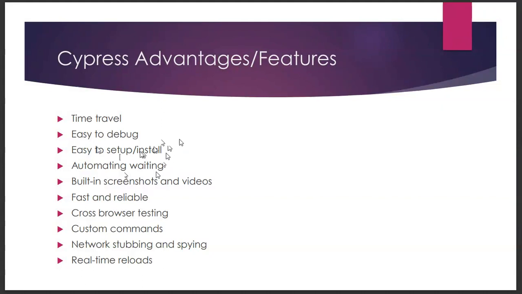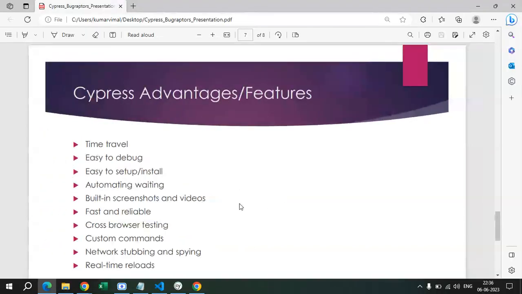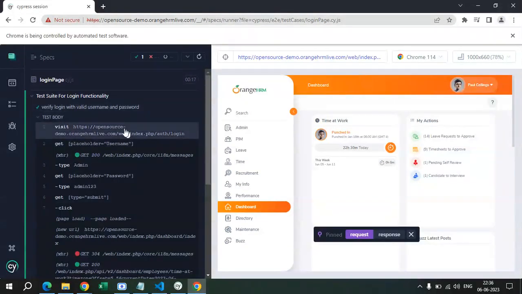Now the next point is automatic waiting. Cypress automatically waits for the element to become visible and interactable before performing actions on them. So it means that when you execute your test case, the elements which are used in this test case, Cypress will wait for automatically by default.